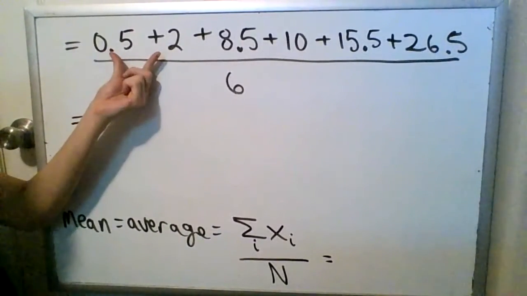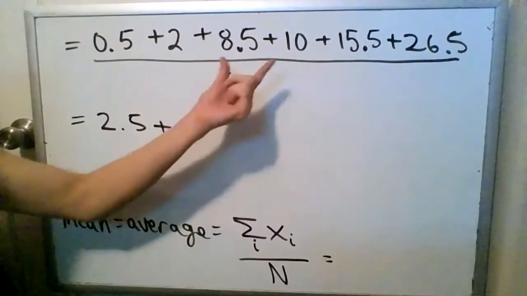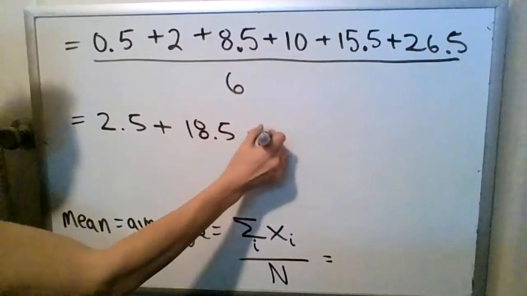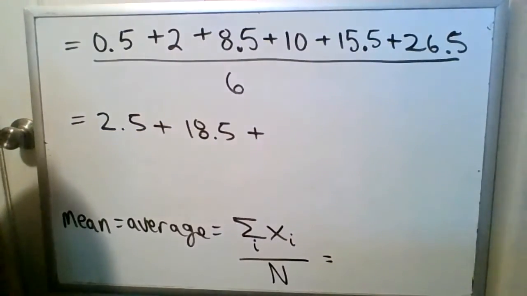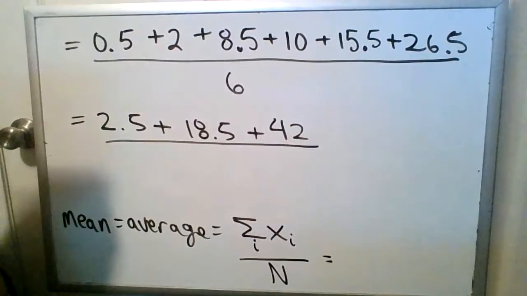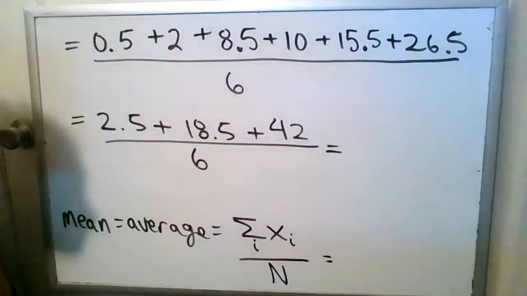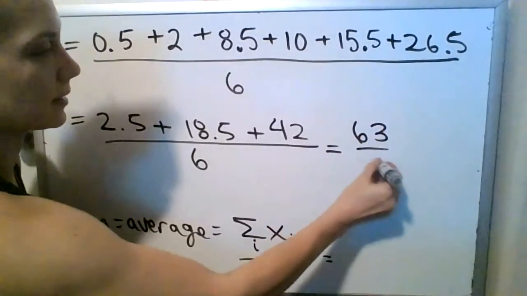Let's just put these together. 2.5 plus 18.5 plus, see, that would be 42. In the numerator, I have 63. And then divide by 6.